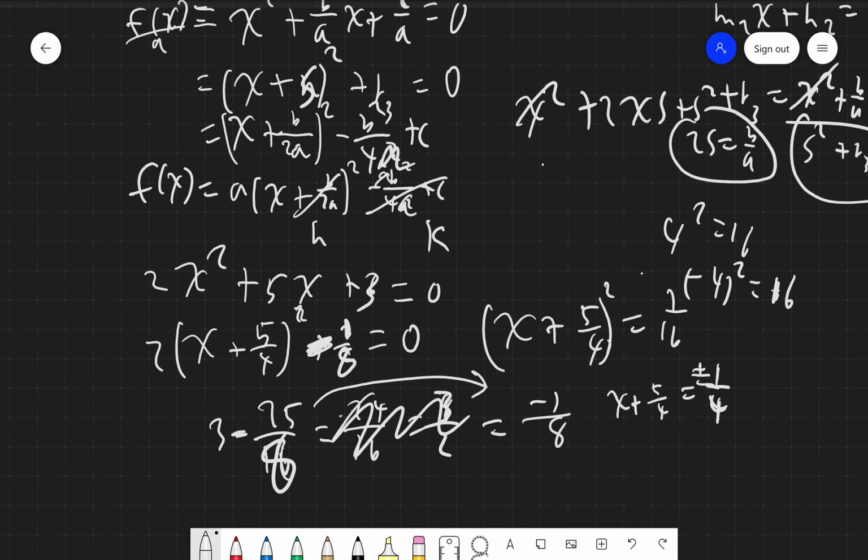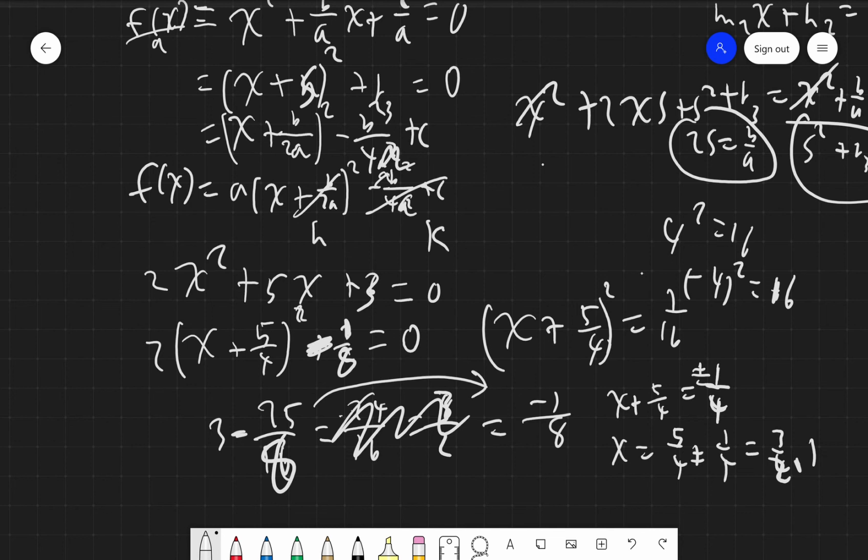And then we can do x equals 5/4 plus or minus 1/4. If we do plus, we get 6/4 or 3/2, and the other gives 1. So those are our solutions. We plug them in to check.